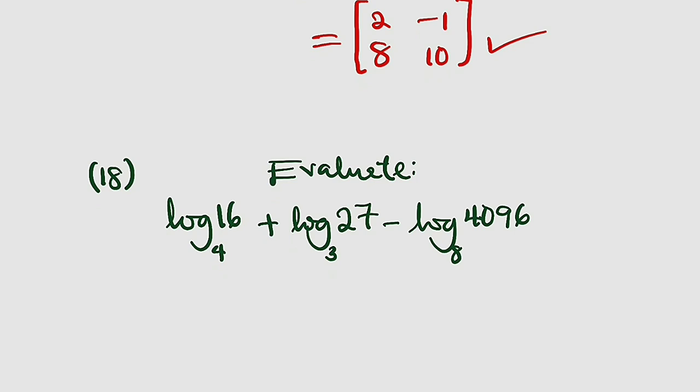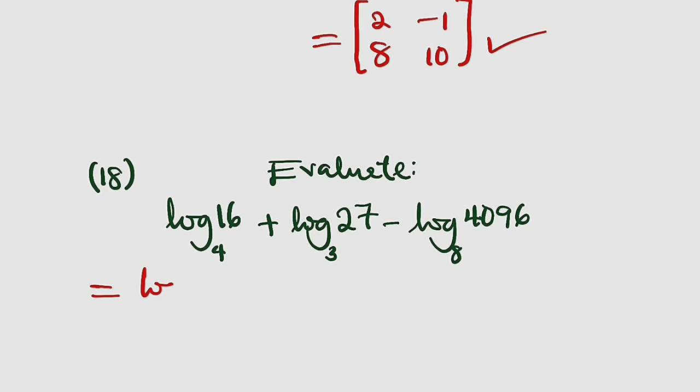Question number 18, we are asked to evaluate log of 16 base 4 plus log of 27 base 3 minus log of 4096 base 8. So we are going to try as much as we can to transform all these entries in terms of their bases. Let's do that. We know that 16 is the same thing as 4 squared.